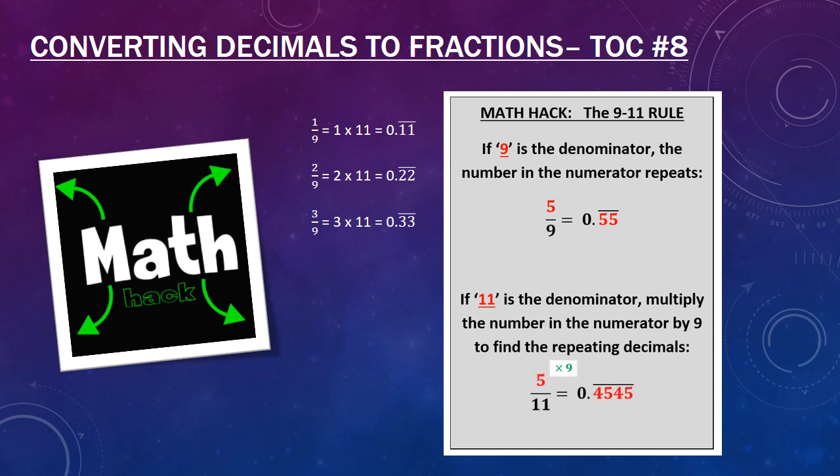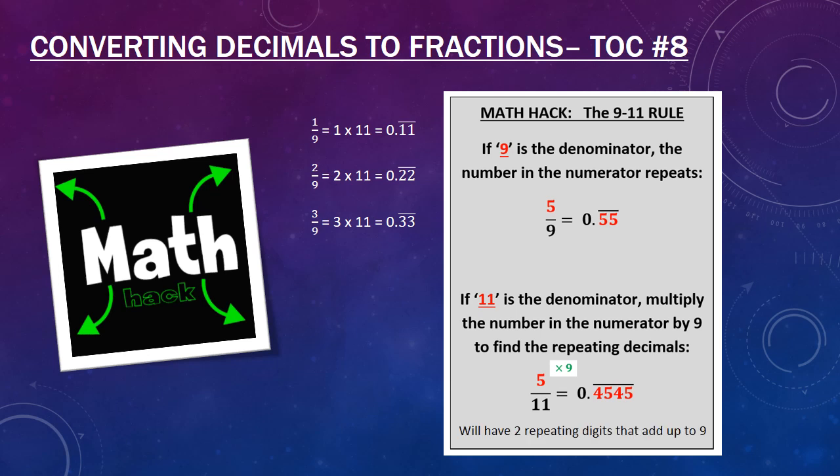Here's an example, 5 over 11. You multiply the 5 times 9, and you get 45, and that would be your repeating decimal. You could just write it as 45 repeating, and that would be fine. Here's some more examples that you can write down if you want to, but you don't have to.